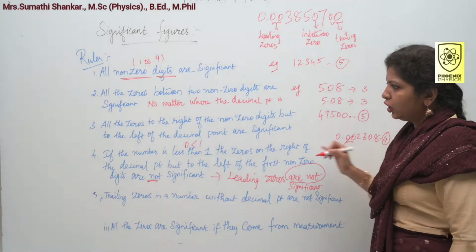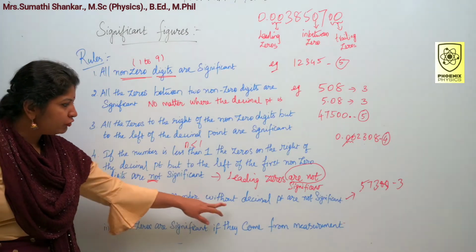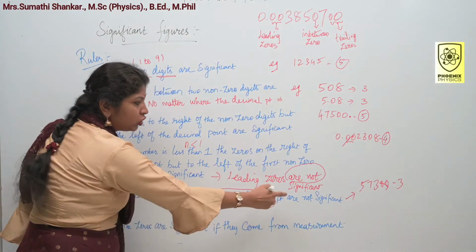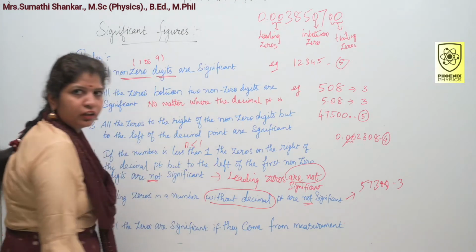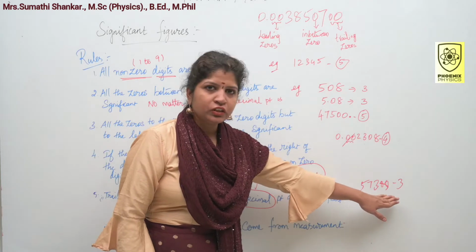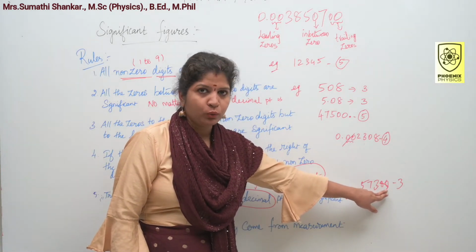Up to this clear? So our fifth point is: trailing zeros in a number without, this word is important, without a decimal point are not significant. Here the example number is 57300. These two zeros are called trailing zeros. I hope you know that.